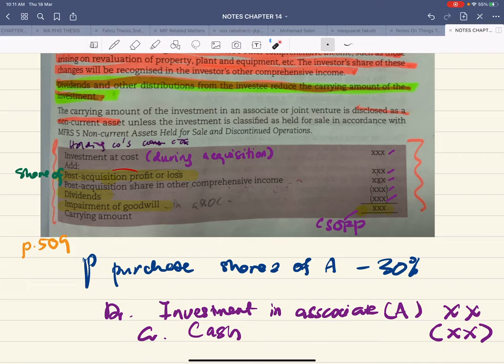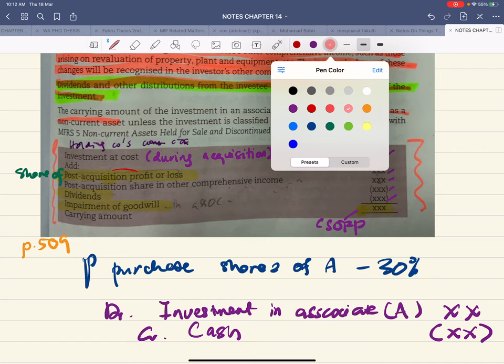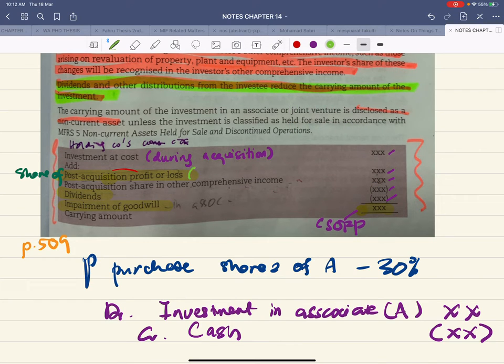So it is influenced by intercompany transactions or fair value adjustment, etc., and also post-acquisition share in OCI, dividend and impairment.